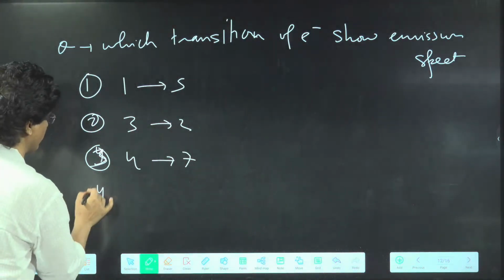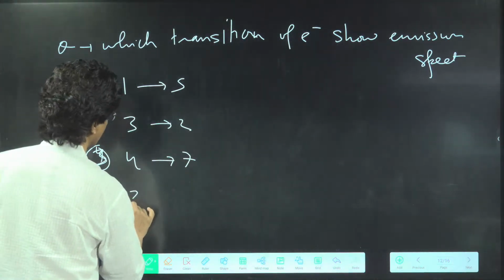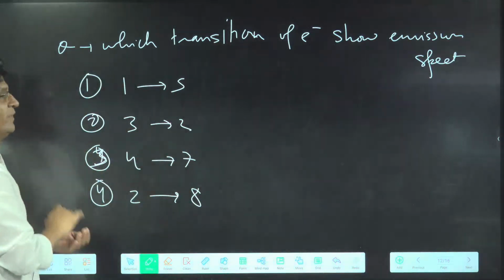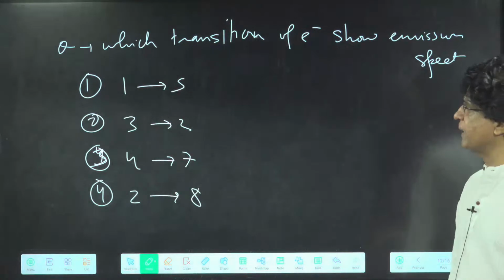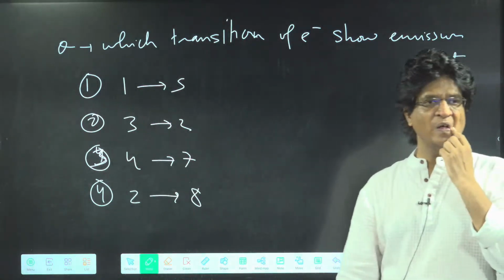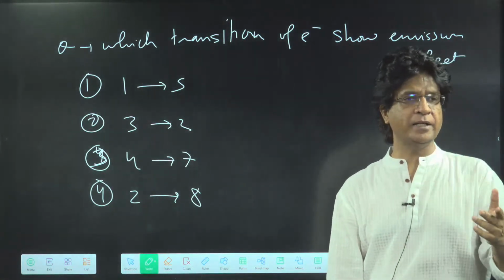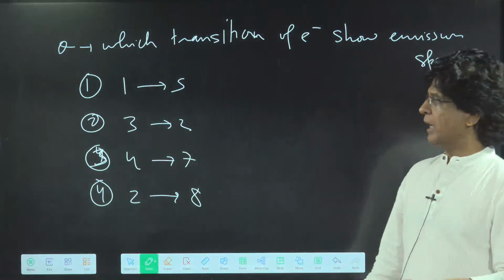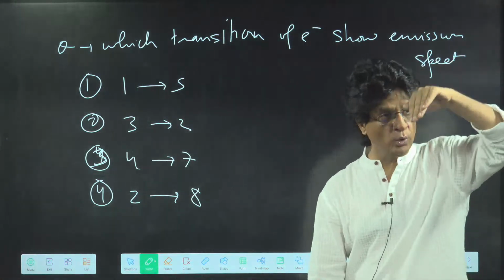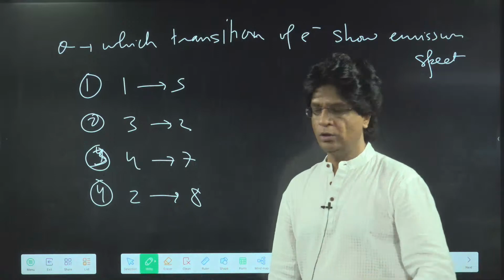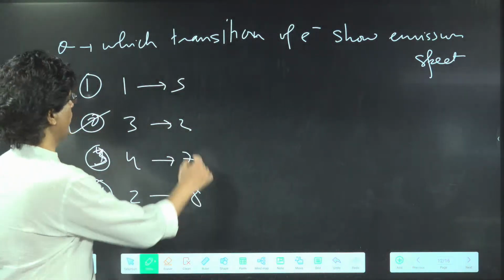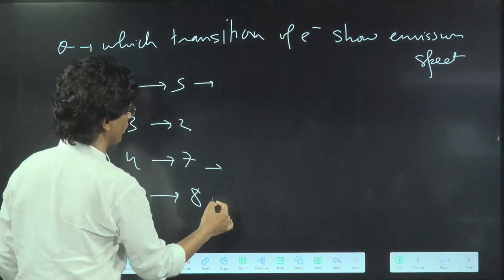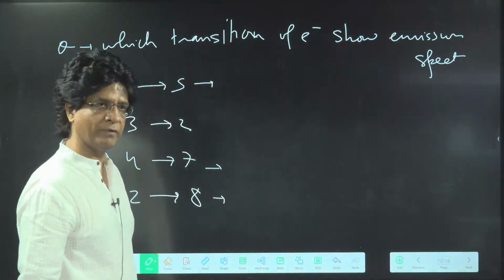And fourth, 2 to 8. In which case will it show emission spectrum? Correct. The electron should move from higher to lower orbit. That is the emission spectrum. And all of them will show absorption spectrum.